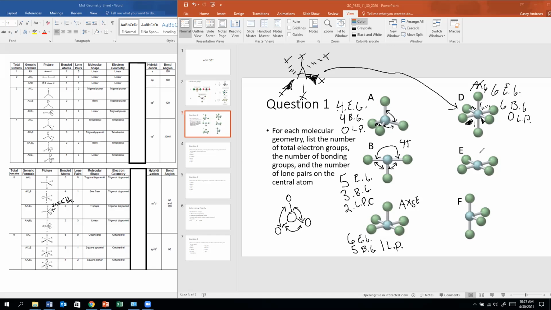Already did D. For E, again, we have something missing, space at the top and bottom. For some reason, our atoms aren't going above or below here, which means electrons are probably there. They don't want to interact with those electrons. So there's probably a lone pair up here and probably a lone pair down there. And that would mean this would be Ax4E2. Can you point to Ax5E? Ax5E is right here.